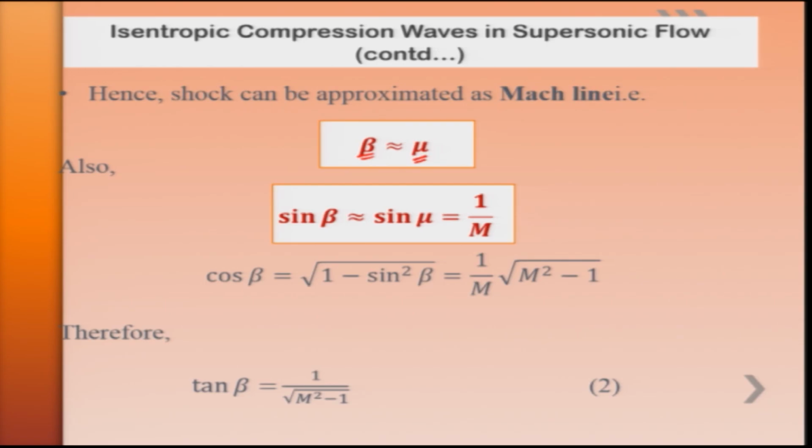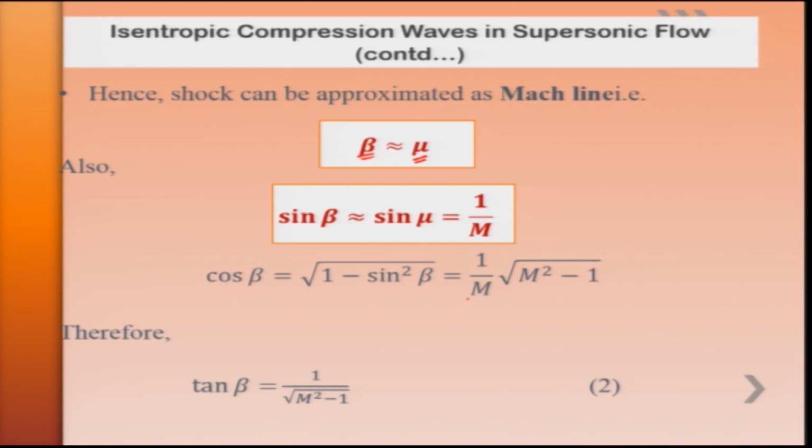Considering this particular case, when the oblique shock degenerates into the form of a Mach wave, I can write sin beta approximately equal to sin mu, which can be written as 1 by M. Now, using trigonometry again, we know that sin square beta plus cos square beta is equal to 1.